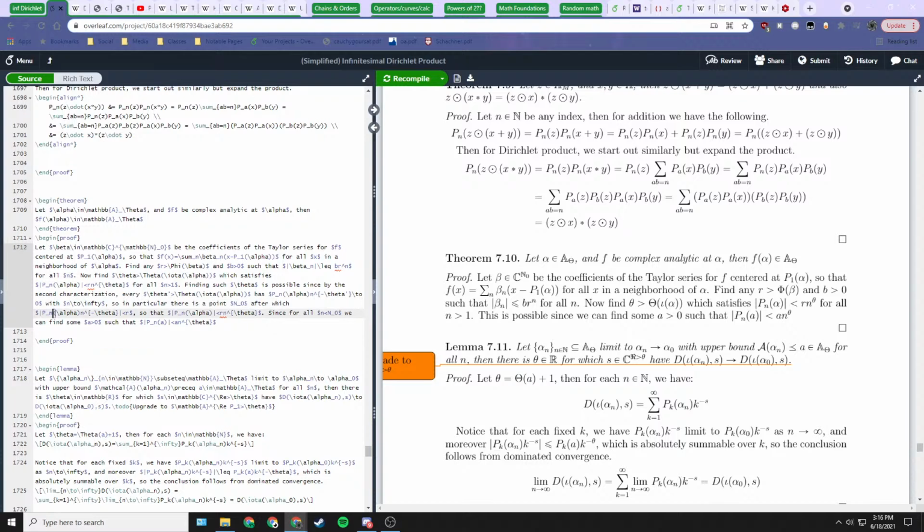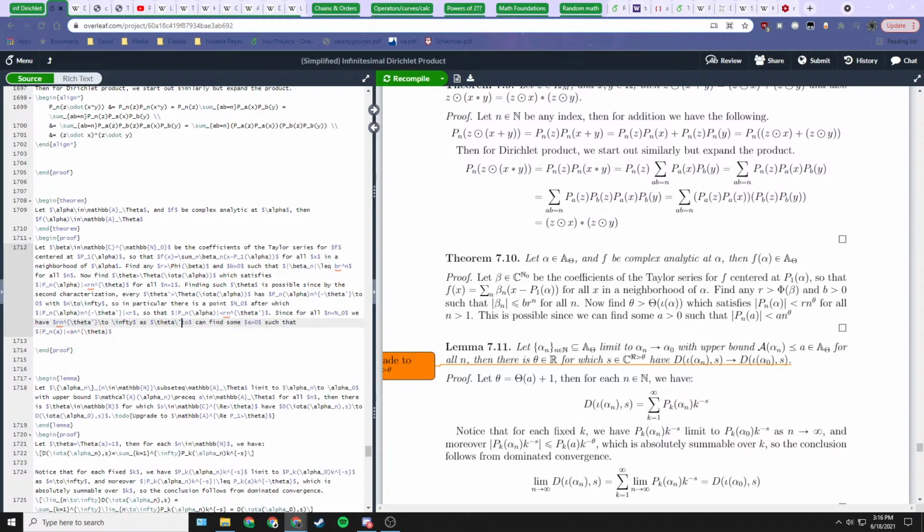So in particular there is an n0 after which p sub n alpha n to the power minus theta prime is less than r, so that p sub n alpha is less than r n to the power theta prime. Since for all n less than n0 we have r n to the power theta prime going to infinity as theta prime goes to infinity.